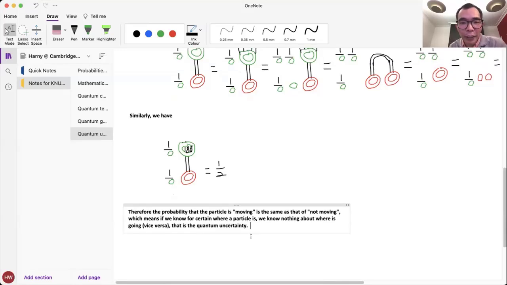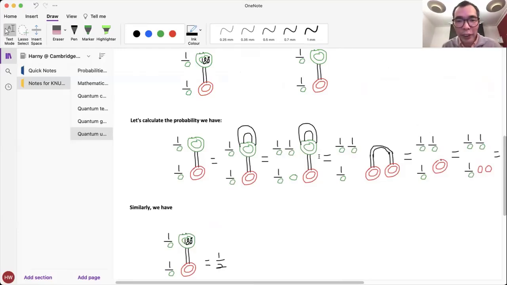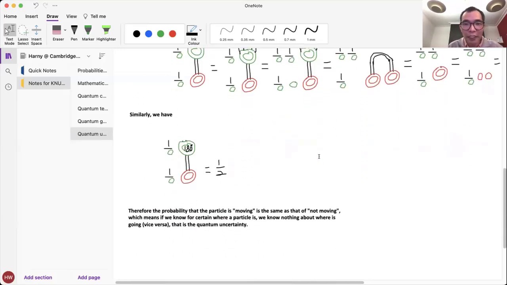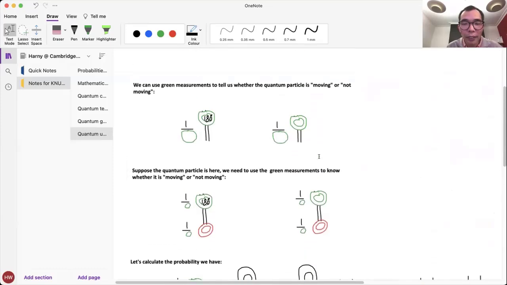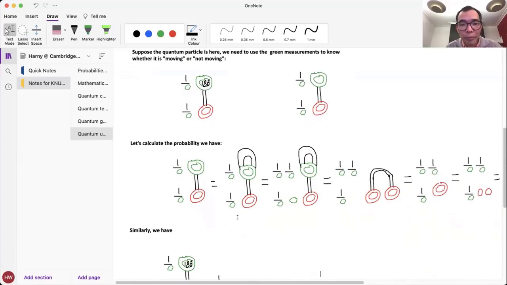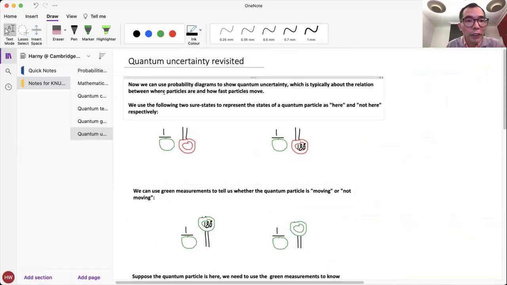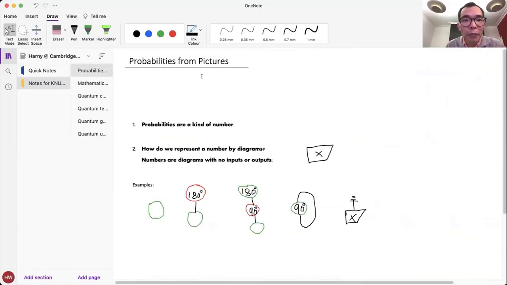That means with this kind of diagrammatic calculation, we can depict the quantum uncertainty, right? This is a nice thing. Okay, I think that's all about probabilities for pictures.